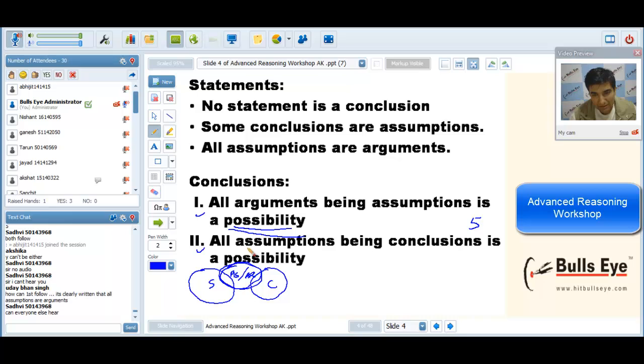Now the second one, all assumptions being conclusions is a possibility.